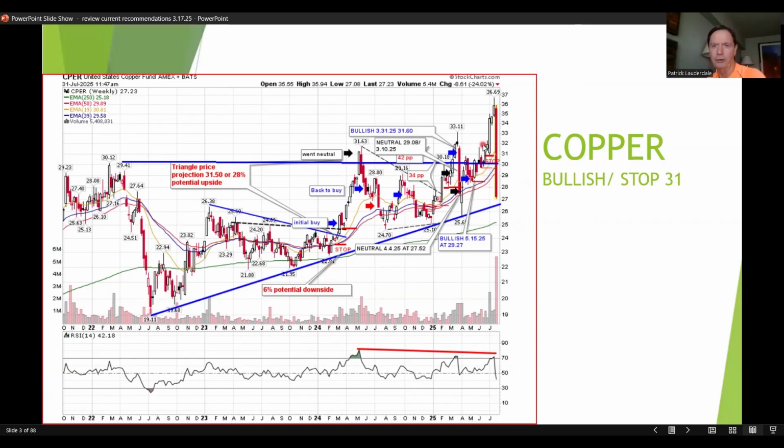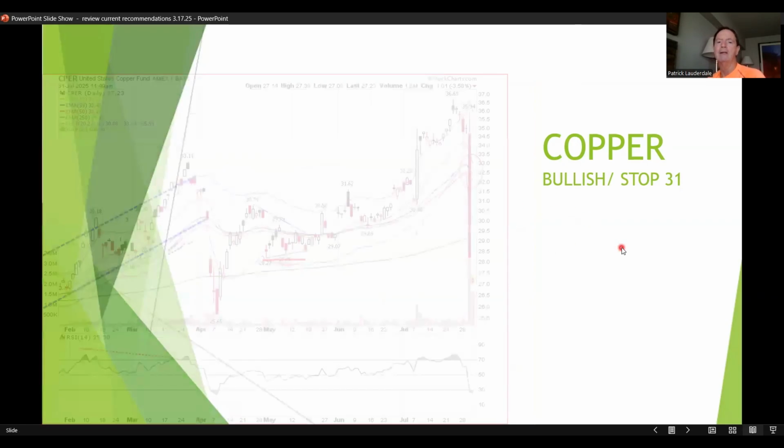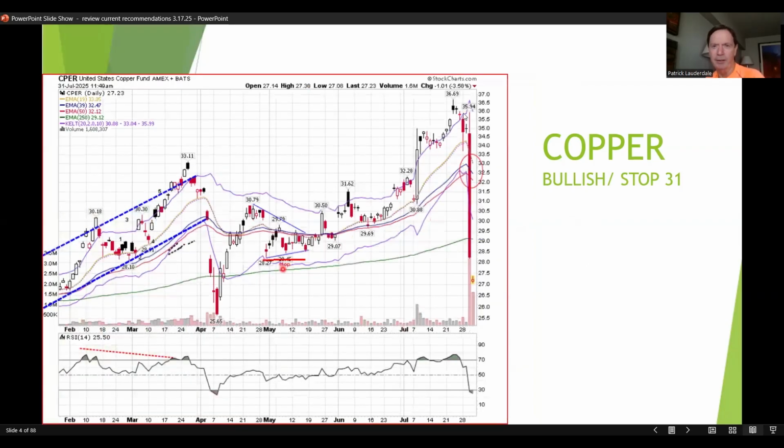So let's look at the shorter term chart of this. And so here we are. We had no negative divergence up here at the top. That's strange. And then we broke through all our moving averages all the way down. We're slightly oversold on the daily chart.